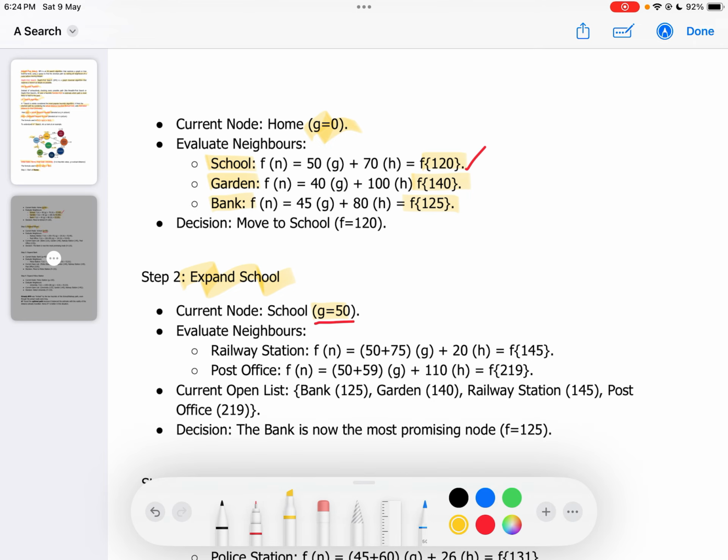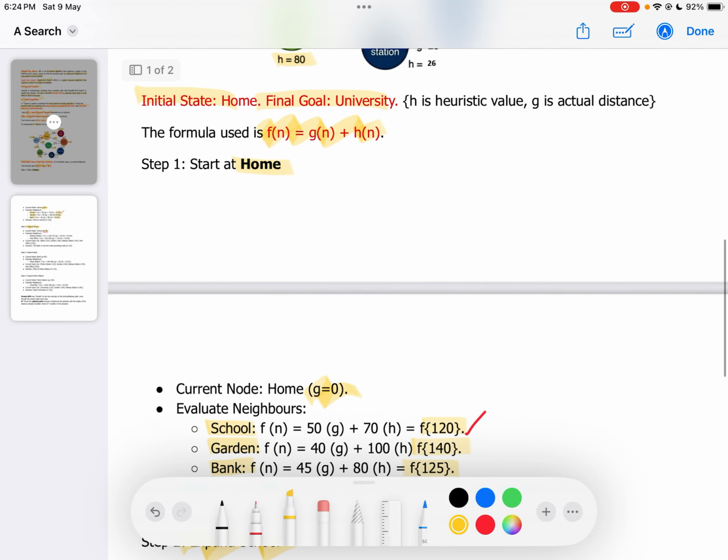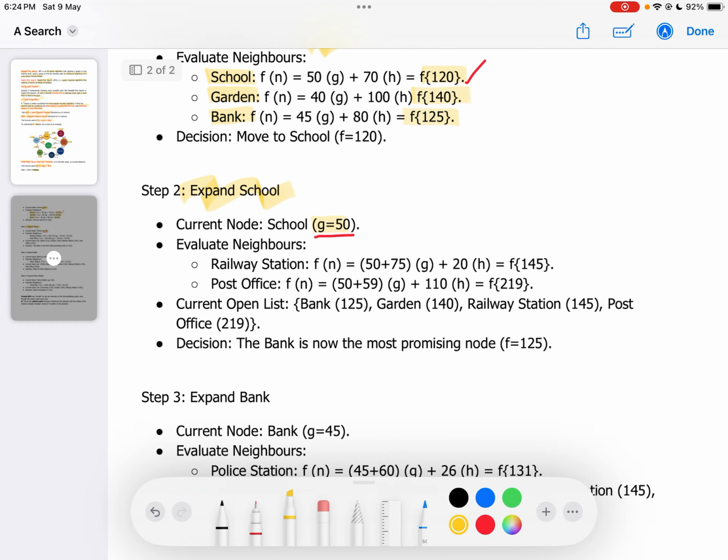Railway station distance is 75. Post office is 59. The heuristic value is 20 for the railway station and 110 for the post office.